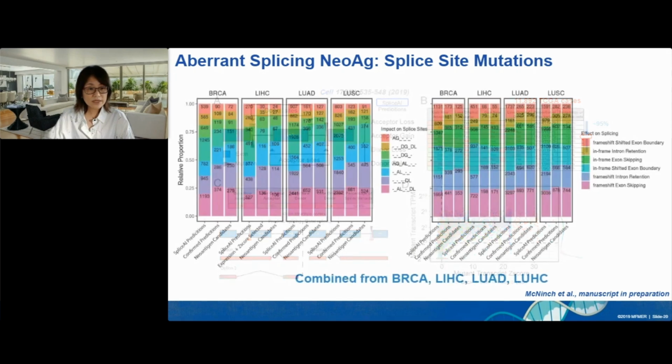Here is a summary of aberrant splicing events and the neoantigens from DNA splice site mutations, site changes.